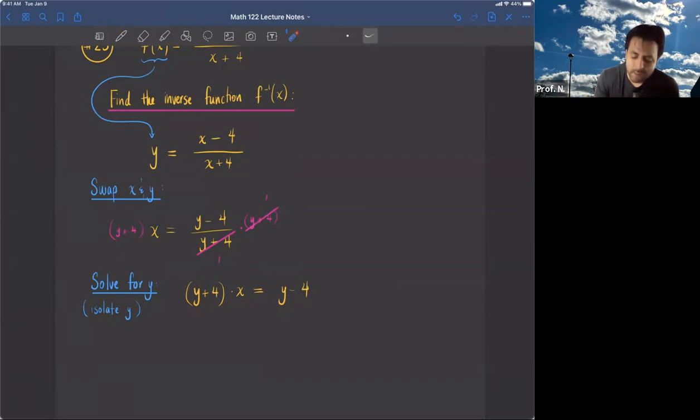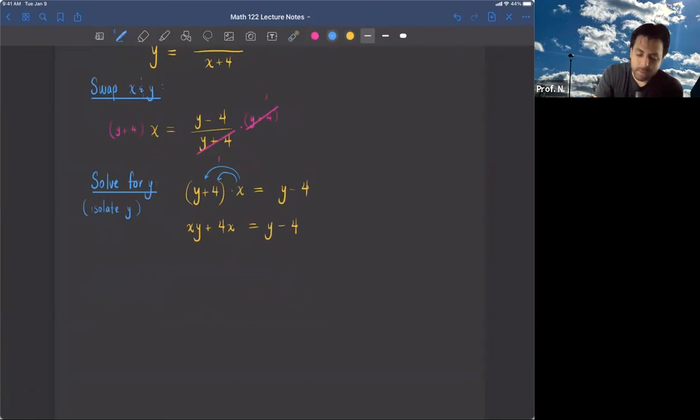So I still have to get all the y's on the same side. They were on the same side, but they were on different levels. Now I want them on the same side and to be on the same level. So what I should do now is I should distribute the x, and I get xy plus 4x equals y minus 4.